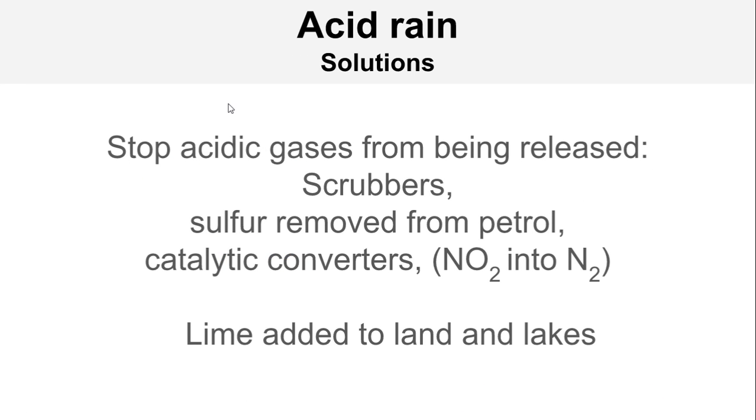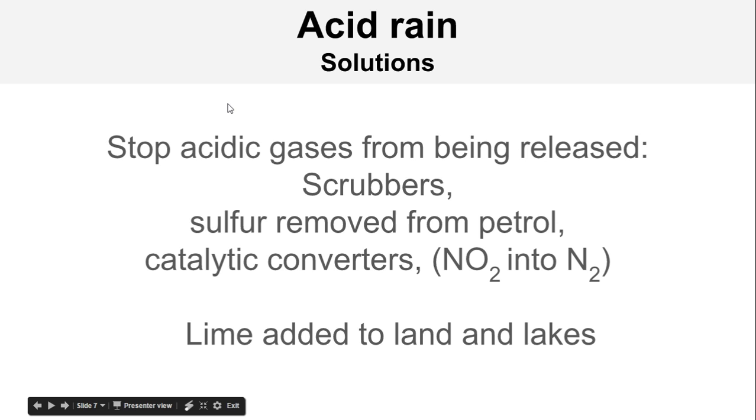Now, there is some stuff that we can do to lower the gases that make the acid rain, or to lower the effects of acid rain in the ground. First of all, we do that by stopping acidic gases from being released. We do that with scrubbers, in the factories where acid gases are released in these smokestacks.